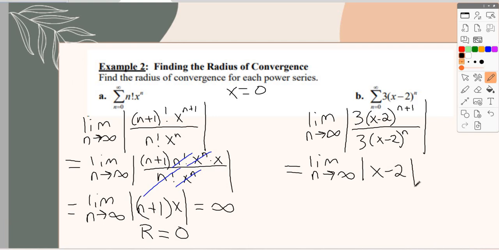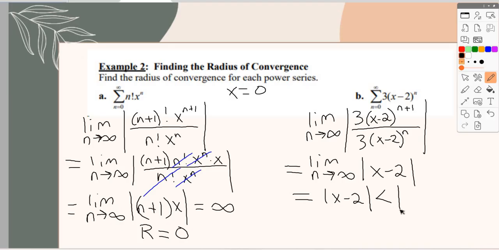But again, remember this limit is in terms of n's. Do I have any n's left? No, so technically this is just acting as a constant, so my limit is just that. But again, in order for us to be convergent, what does that have to be?